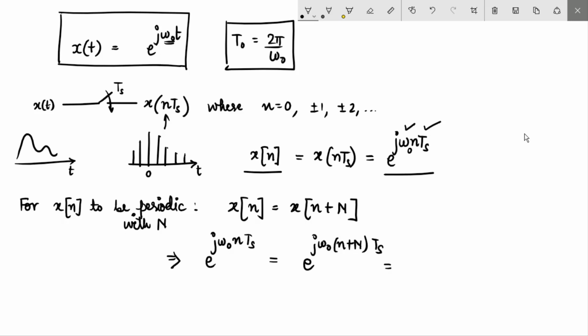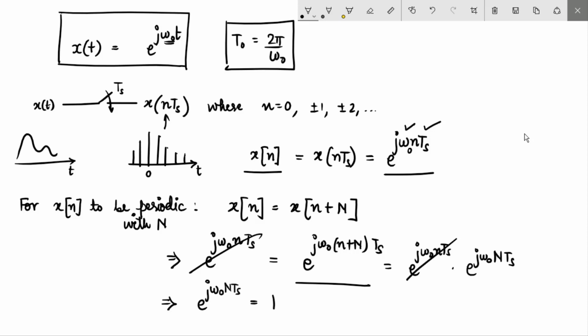Remember, Ts is the sampling interval. Let us open this bracket. This becomes e to the power j omega naught nTs into e to the power j omega naught capital N Ts. Now, this and this can get cancelled, and therefore you would get e to the power j omega naught capital N Ts should be equal to 1.